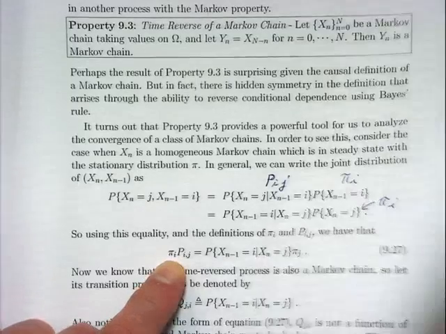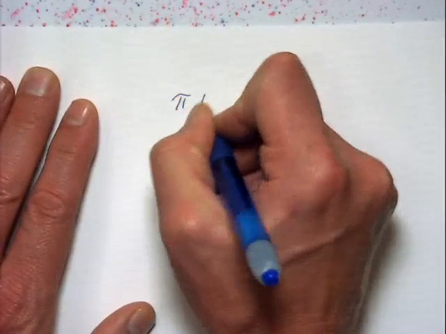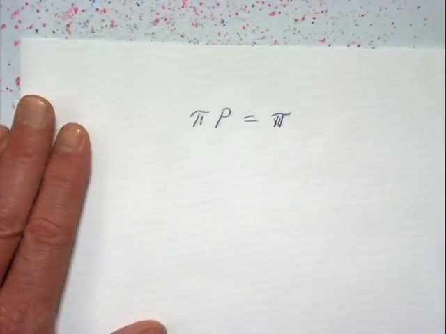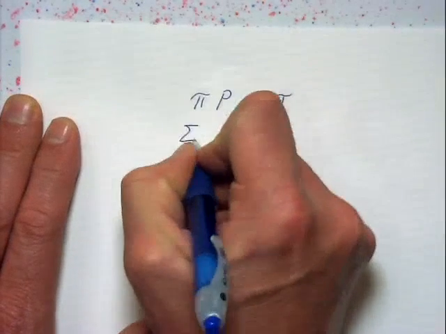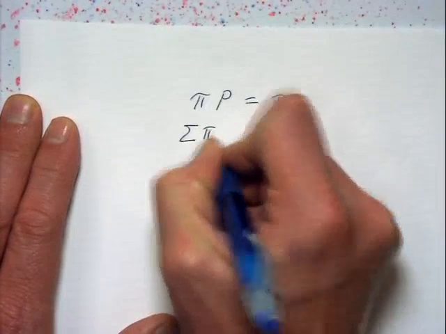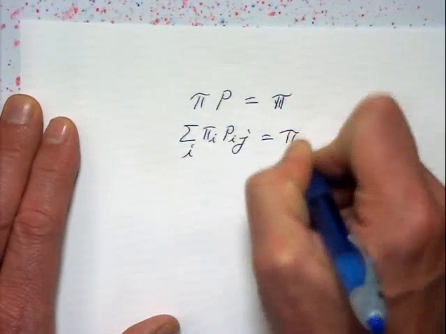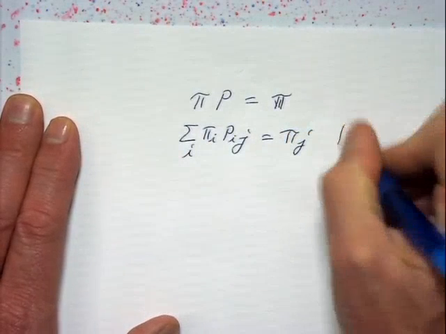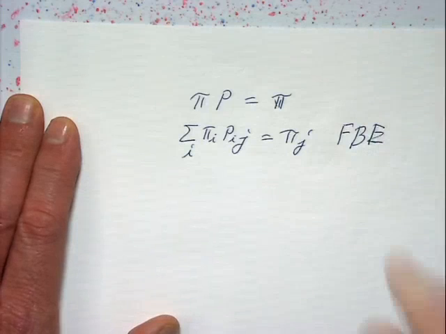If the distribution is in steady state, just to remind you, that means that pi times P is equal to pi. Which is to say that if we sum over i of pi_i times P_ij, that'll equal pi_j, right? These are the full balance equations.